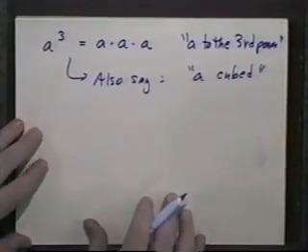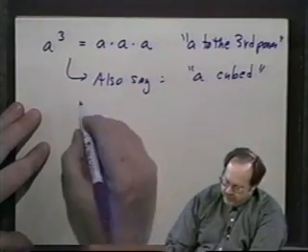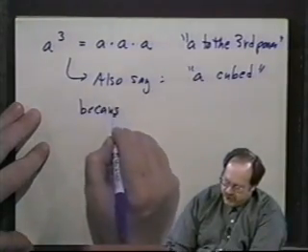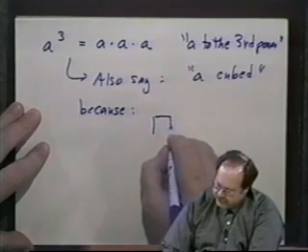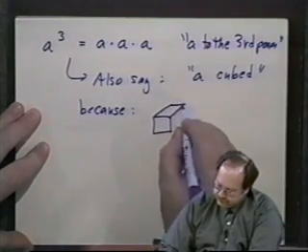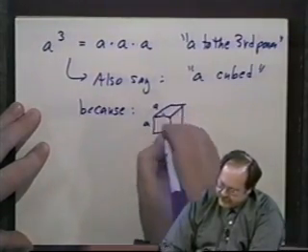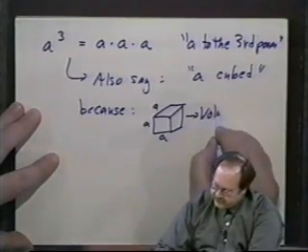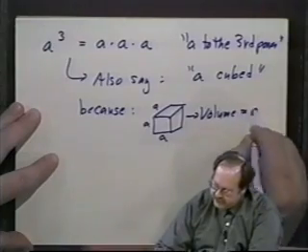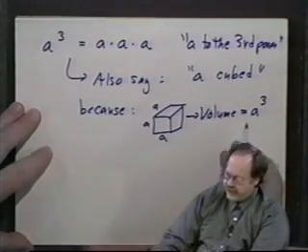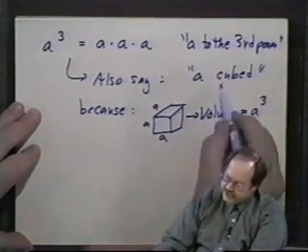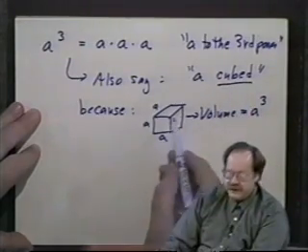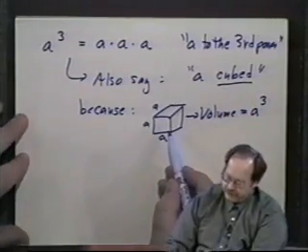And again, this has a geometric meaning. We say that because if you have a cube of sides A, all three sides are A, what is the volume of that cube? The volume is A cubed, or A to the 3 power. So that's the reason cubed is used here, because that's exactly the kind of figure this comes from.